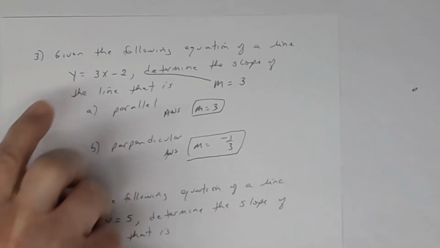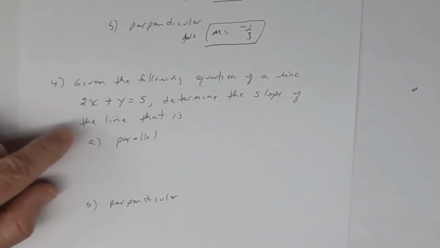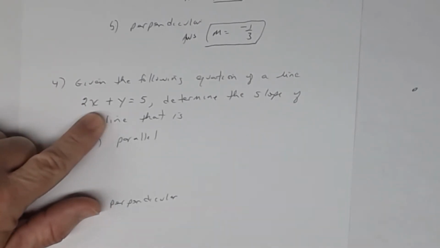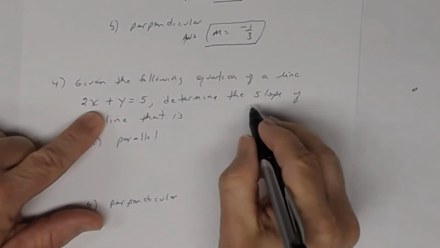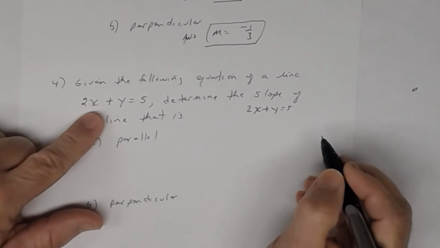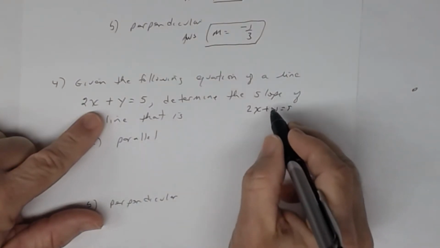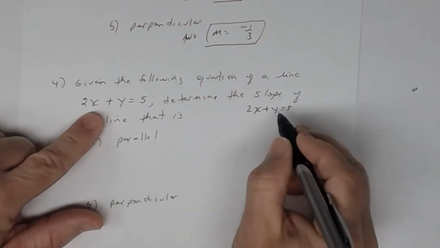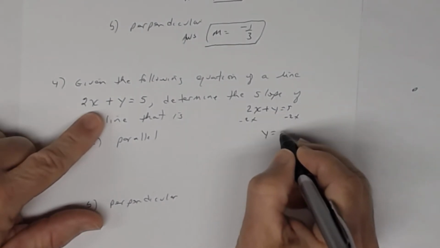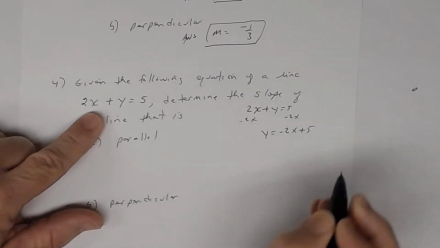Y was already by itself. Here, it is not. Y is not by itself, so this is not slope-intercept form. So the first thing you have to do, I'm going to go ahead and rewrite this over. First thing you have to do is put this in slope-intercept form, and that's easy because the coefficient of y here is 1, so you just subtract 2x from both sides. And so I get y equals -2x plus 5, right?